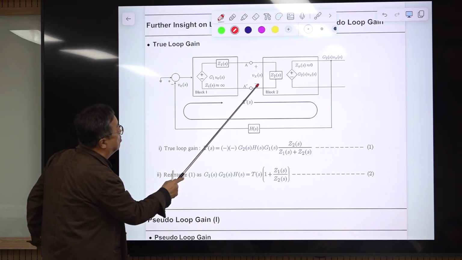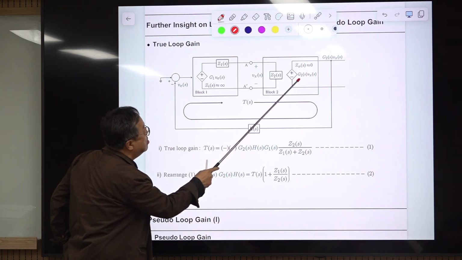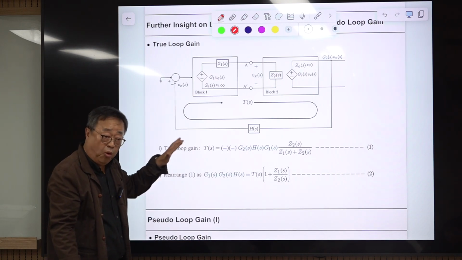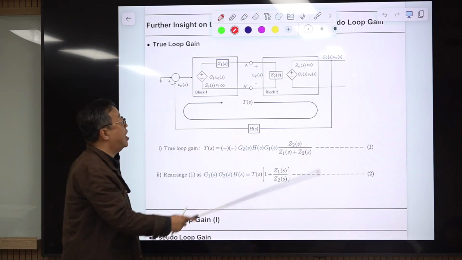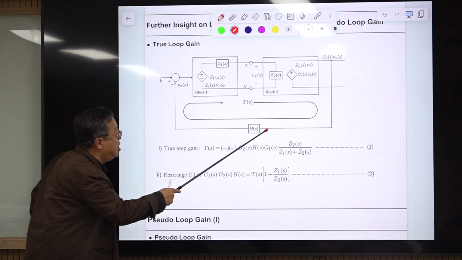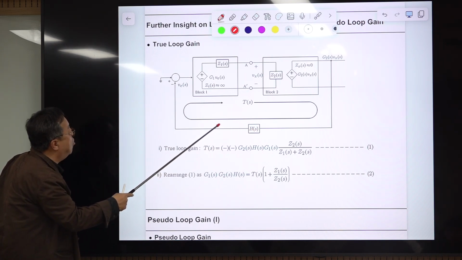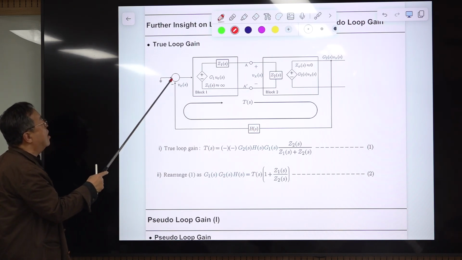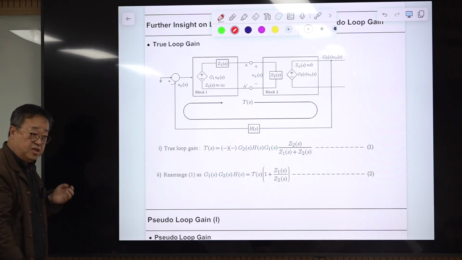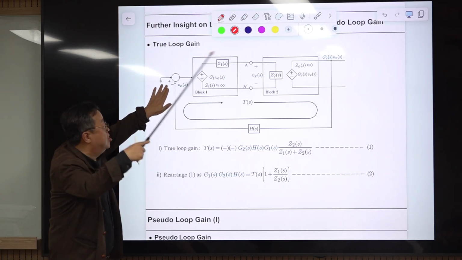Vx appears here, and this is a dependent source. The output of this is Vx times some gain, G2, the open-circuit voltage gain. This output is sensed through this PWM block, and consider this as the PWM gain, and go back, something like that. When you are considering the loop gain, the input signal is grounded. Input is 0, only considering this feedback path.